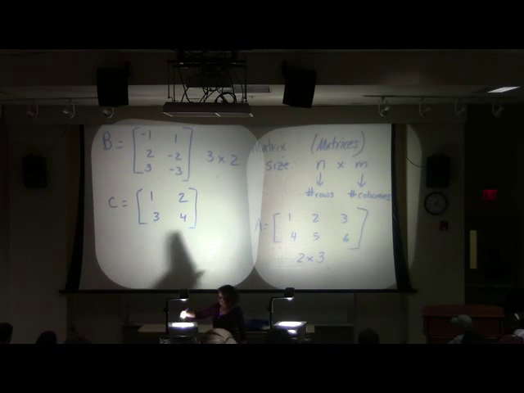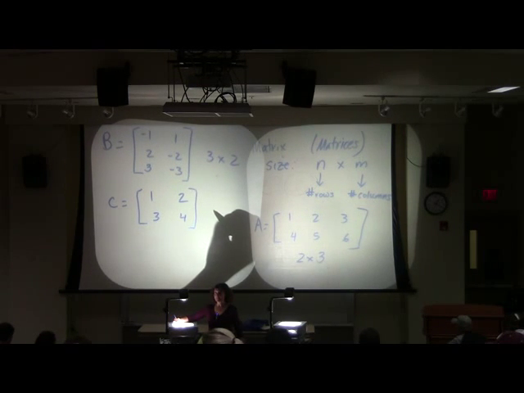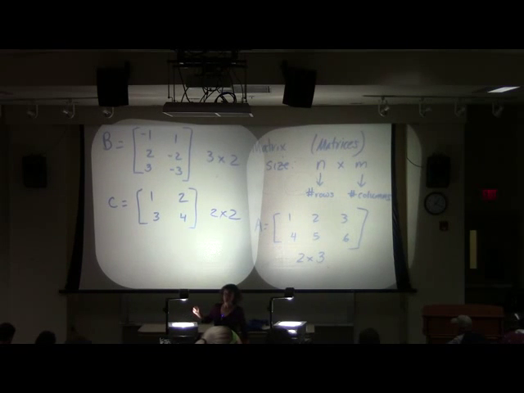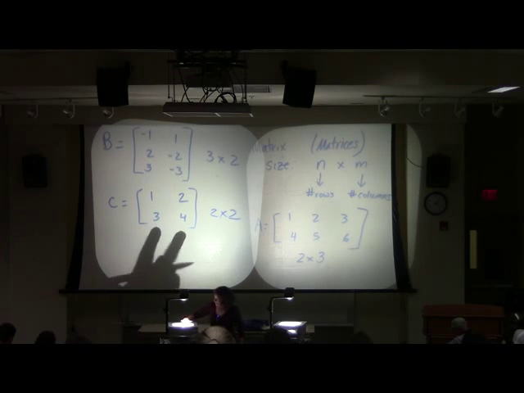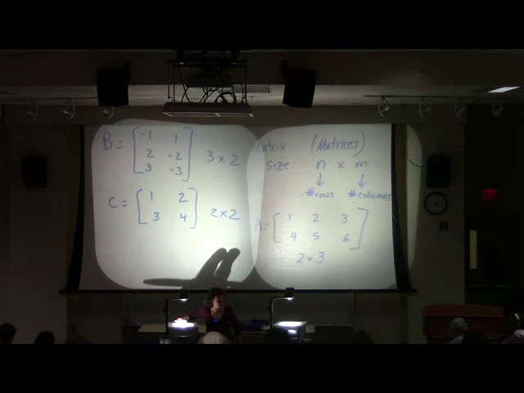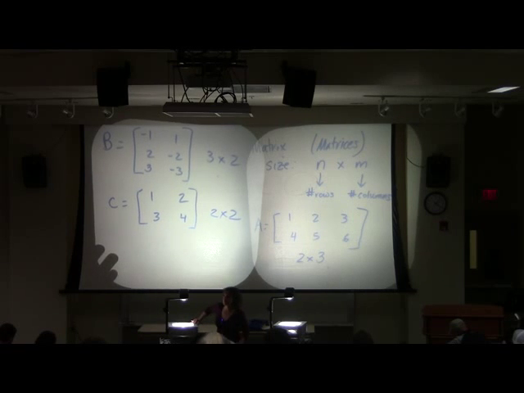What size is he? He's a 2 by 2. Do you want to know why he's so cute? Of course you do. He's a square matrix. Whenever it's like 2 by 2, 3 by 3, 4 by 4, 5 by 5, you have the square matrix. We like square matrices. They're fun. Isn't he cute? All right.